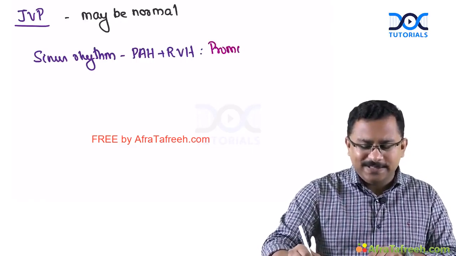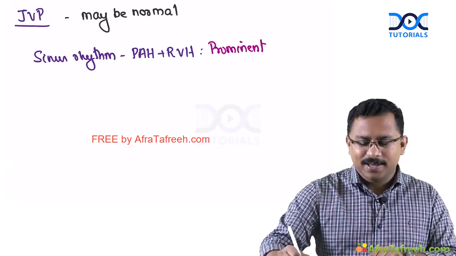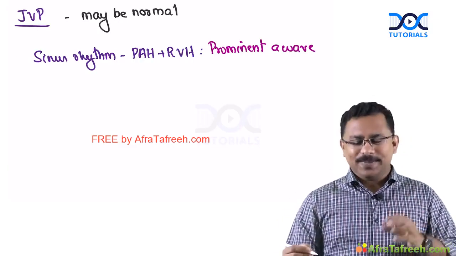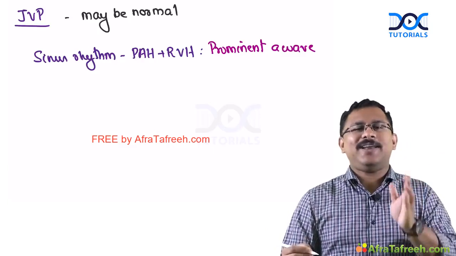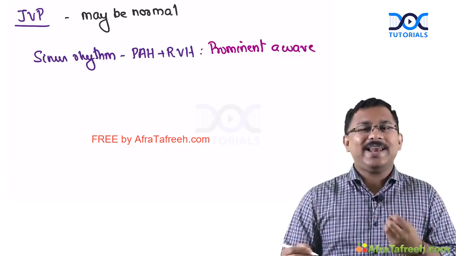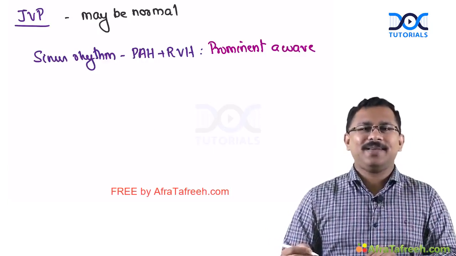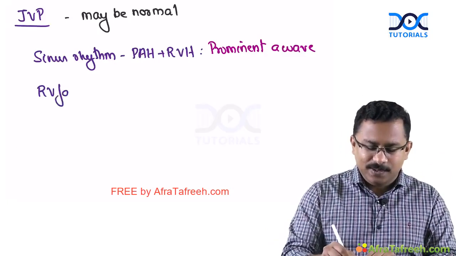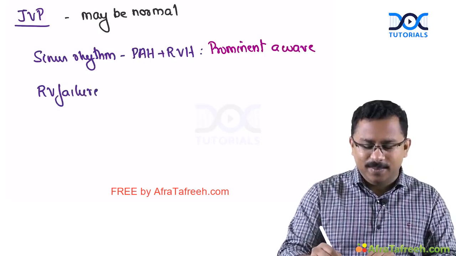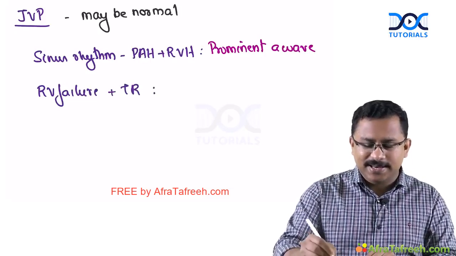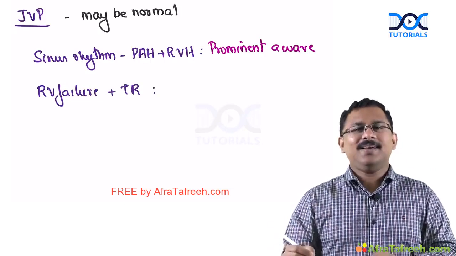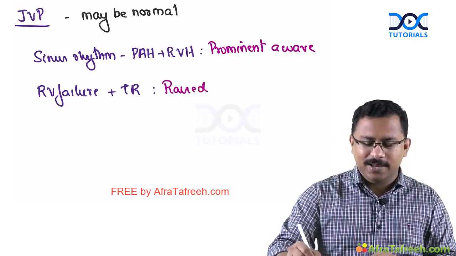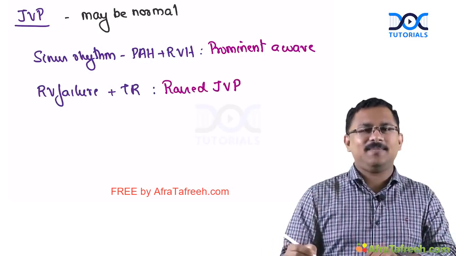Why did I specifically say sinus rhythm? It will be clear in a short while. So patients with sinus rhythm going on to develop PAH and RVH can have a prominent A wave. And when there is an RV failure and maybe a tricuspid regurgitation also developing, you can definitely have a raised JVP.